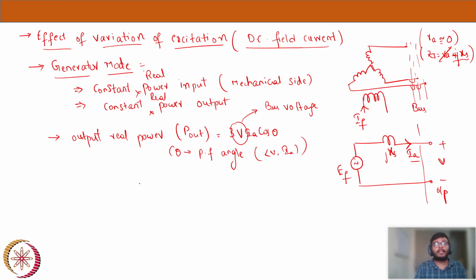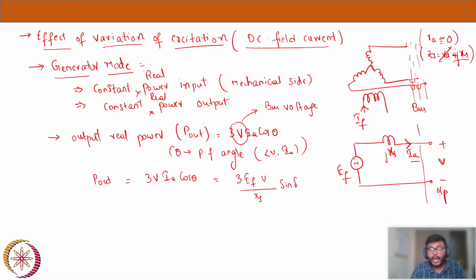Now we also know some other formula for this output power. So what is it? Can anyone remember? Last week we discussed it. I am writing both formulas. One I have just written, 3 V IA cos theta, and in terms of excitation voltage and bus voltage, 3 EF V by XS sine delta. So I hope you remember this formula.